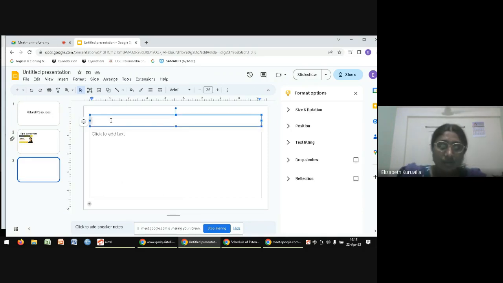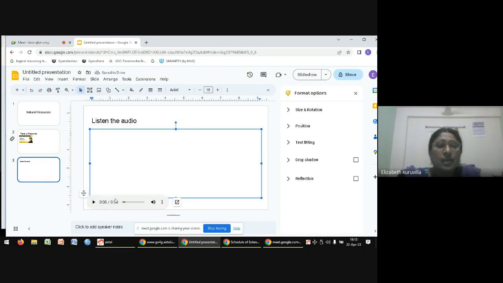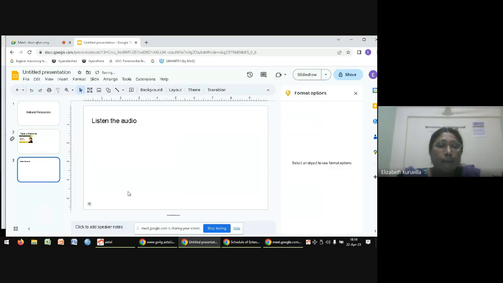Here you can give, listen to the audio. Then you can make the learner listen to the audio. This part you can delete, so that the learner will listen to the audio. This is the audio part.